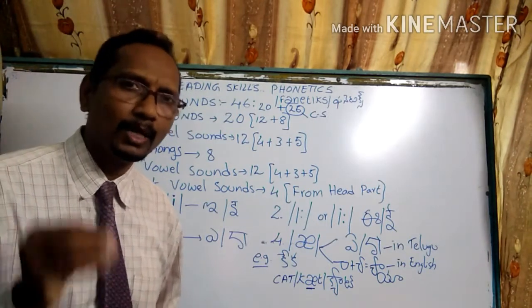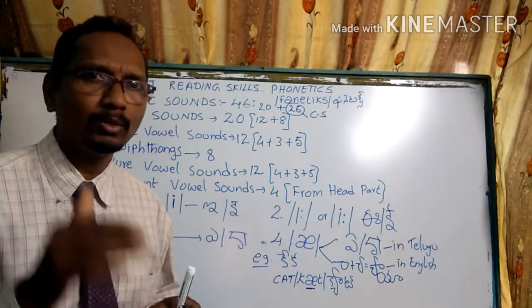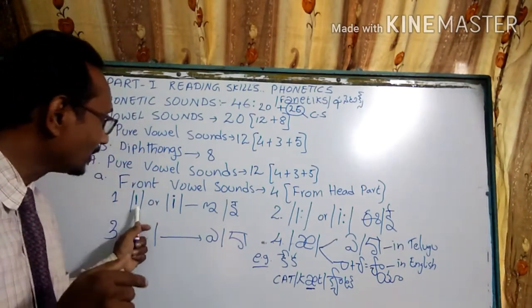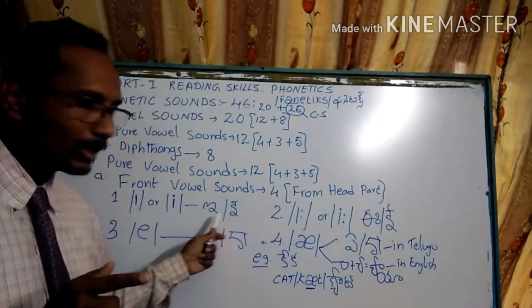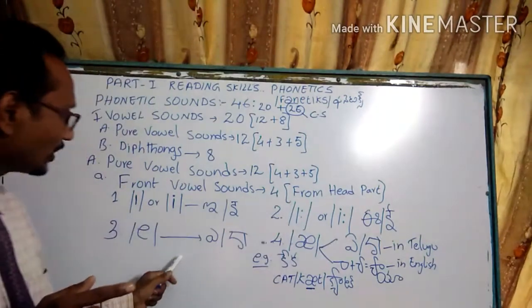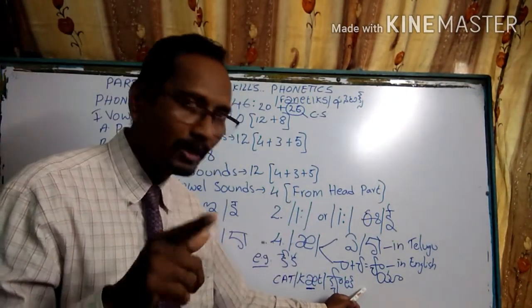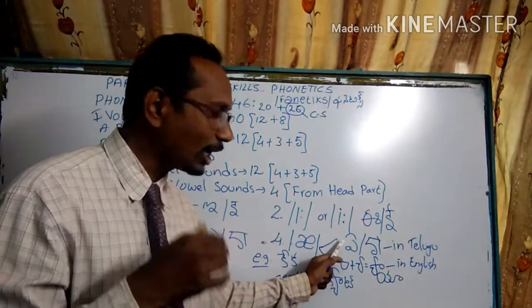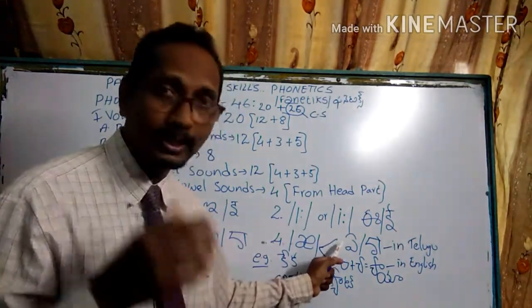Okay, my dear students, please write down in your notebook and keep in your mind whenever you see the symbol, the sound should be pronounced as a Ye, and this one E, and this one A. Otherwise here this symbol for English words pronunciation we call it Ya, but Telugu or Hindi or Tamil we call it Ye.